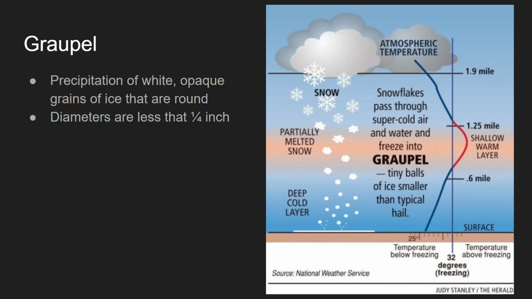That kind of has a similar depth of warm layer to sleet, but that deep cold layer is there as well, but it just doesn't have the time to completely melt, so it slightly melts and reforms into that hail, quote unquote.